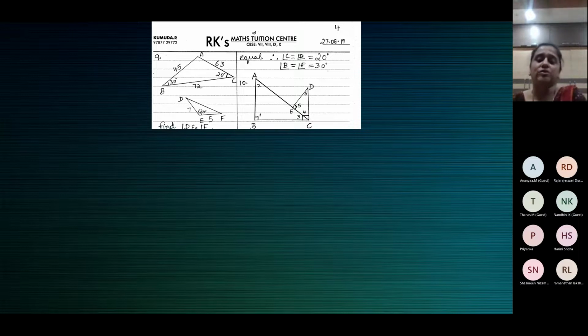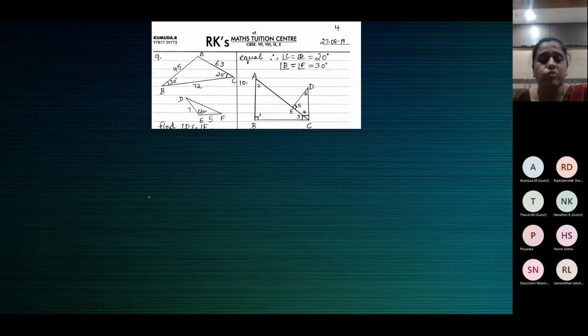Very good. But how can you say that they're alternate interior angles? Which are the parallel lines? Parallel lines are not there. So you cannot say that they are alternate. They are alternate interior angles, but you can't say that they are equal.